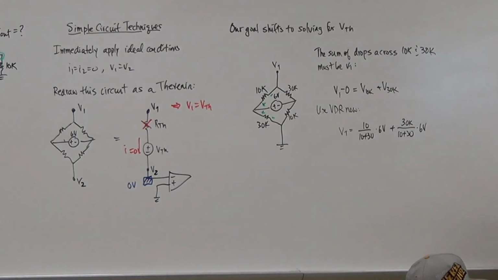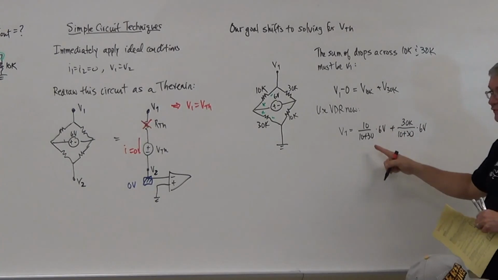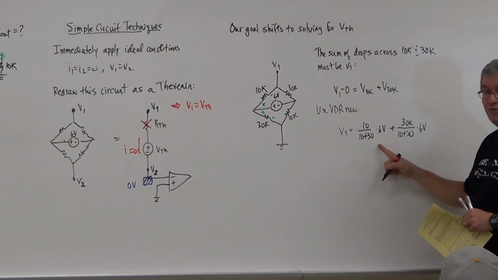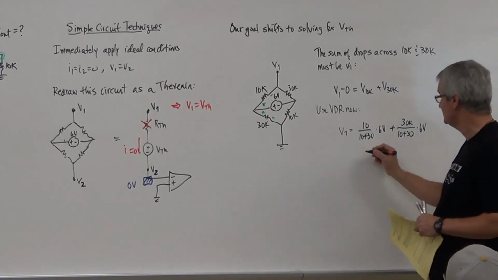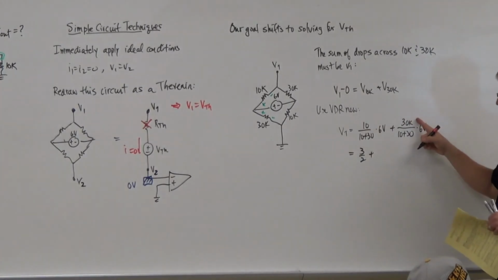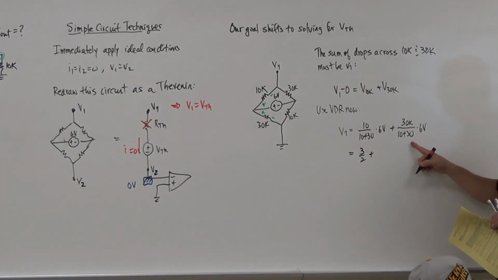And what do I get here? So I get 10 over 40, which will give me 1/4. 6 over 4 should give me 3/2, so I should have 3/2. And then this guy will give me 30 over 40, which is 3/4.